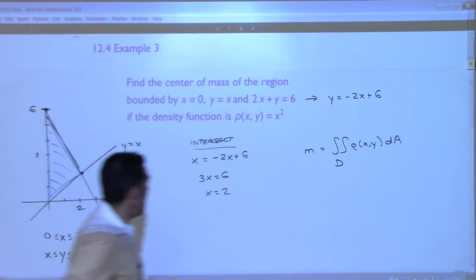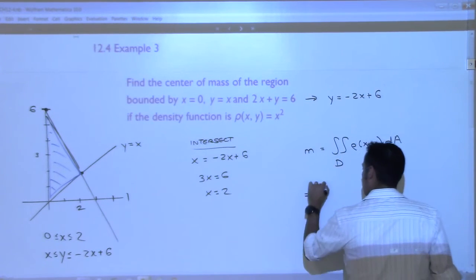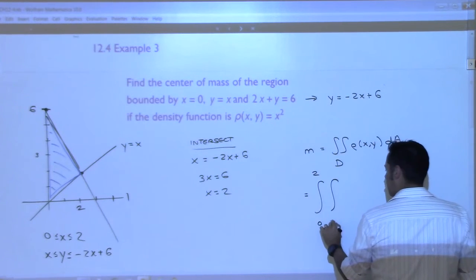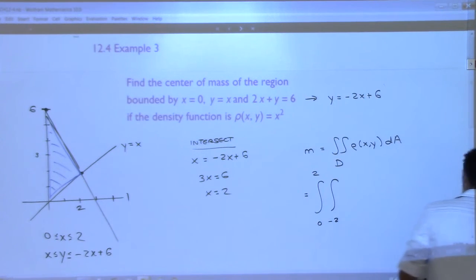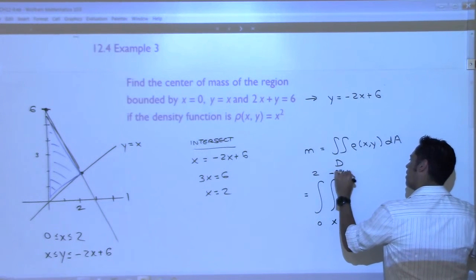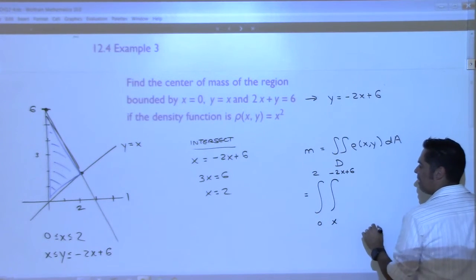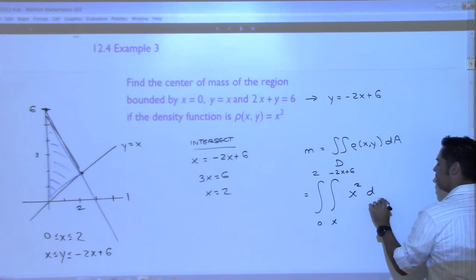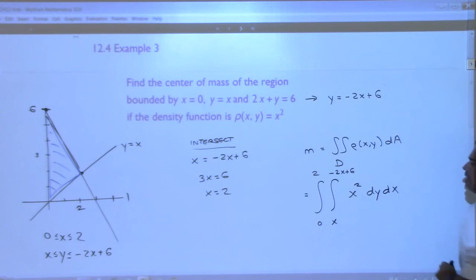And so to do the mass, all I'm going to do now is set this thing up. I'm going to go 0 to 2. I'm going to go x to negative 2x plus 6. And I'm integrating x squared dy dx. And that will give me mass. Agreed?